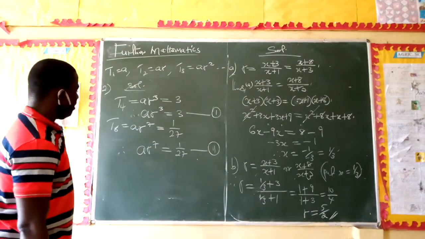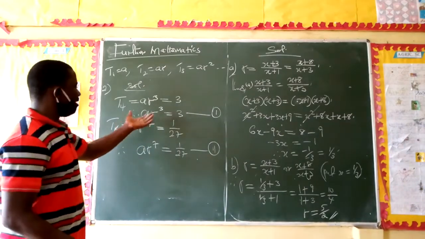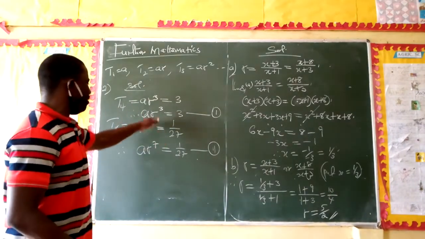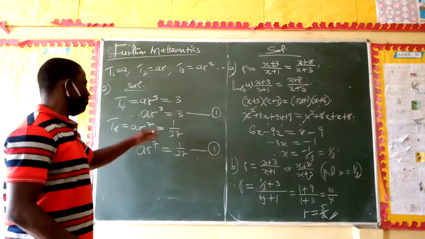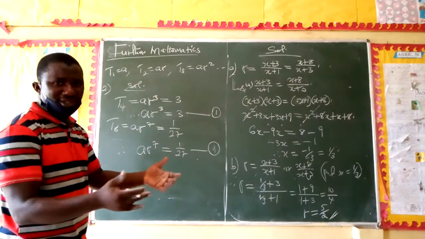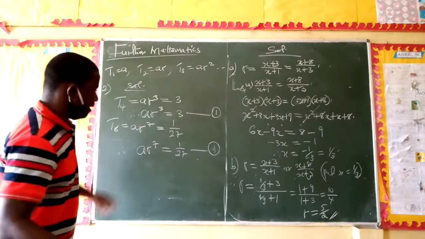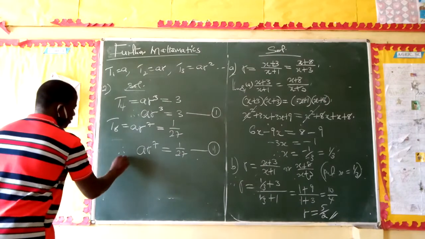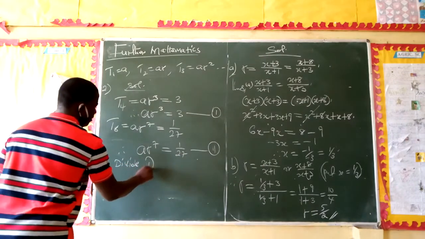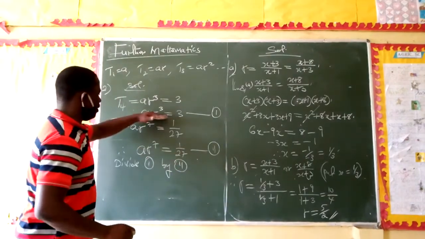So now, how do we deal with this? Instead of making A the subject of the formula here and putting it here, or making R the subject of the formula, this is a product. Because it's a product, I can just divide equation 1 by equation 2, or 2 by 1 in any case, right? So divide this equation by this equation.